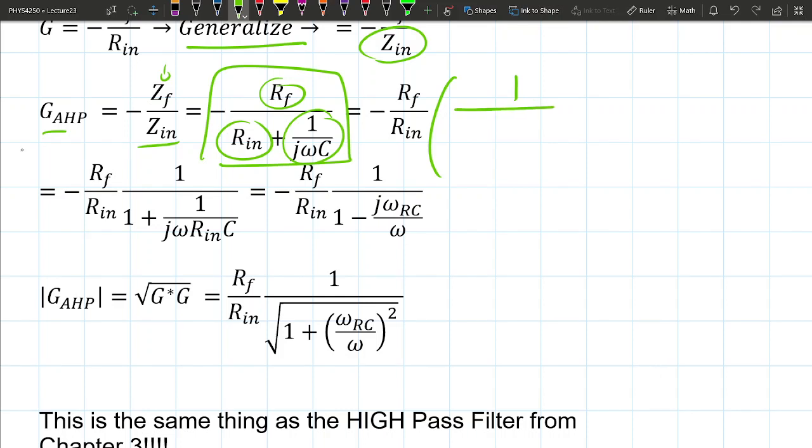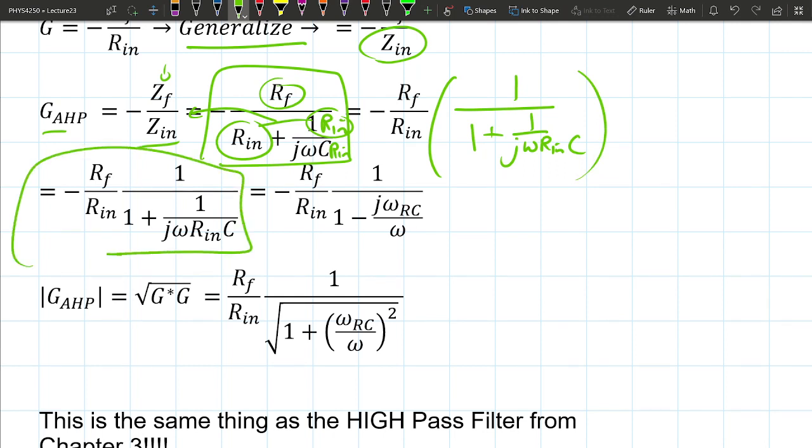If I factor out Rn, this becomes 1, so I need to have an Rn on the bottom. So this factors out, but then the denominator stays there. Okay, and that's what this next line is.